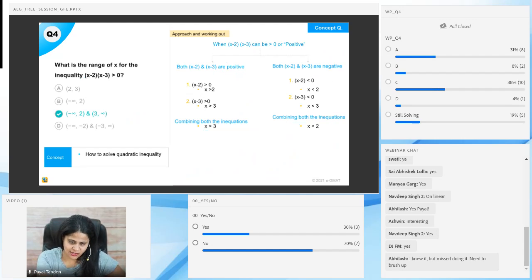I can cold call as well. So let's see, choice A. So Shivam, Sid, Nidhi, Paridhi, Benedict, Abhilash, I knew it but missed doing it. Need to brush up. Okay, so good.